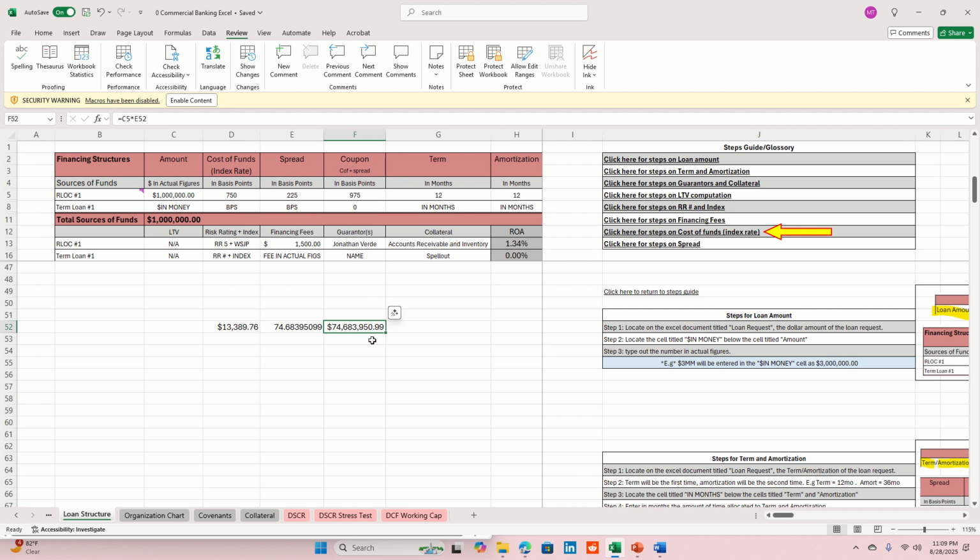So it would take $74 million to get that $1 million back if we lost that $1 million. So if our borrower defaults here and we're expecting a 1.34% return, if we lose this $1 million, this is how much money we would have to give away to make this $1 million back. It takes $75 million to make $1 million of profit.